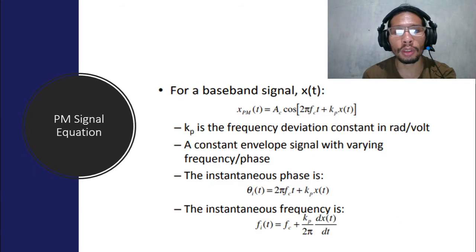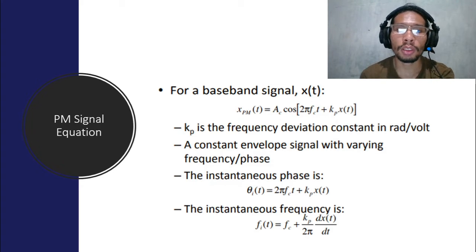PM signal equation, or the mathematical equation of the PM signal: the baseband is x of t, where the phase modulation of x of t is equal to the amplitude of the carrier multiplied by the cosine of 2 pi times the frequency of the carrier times time plus kp multiplied by the baseband signal.